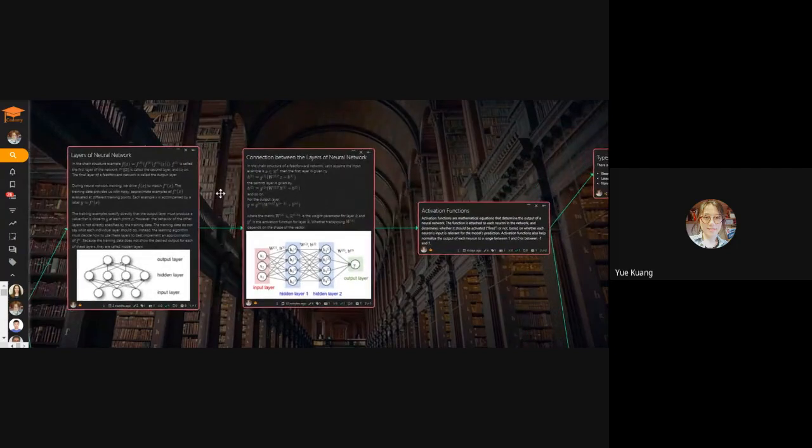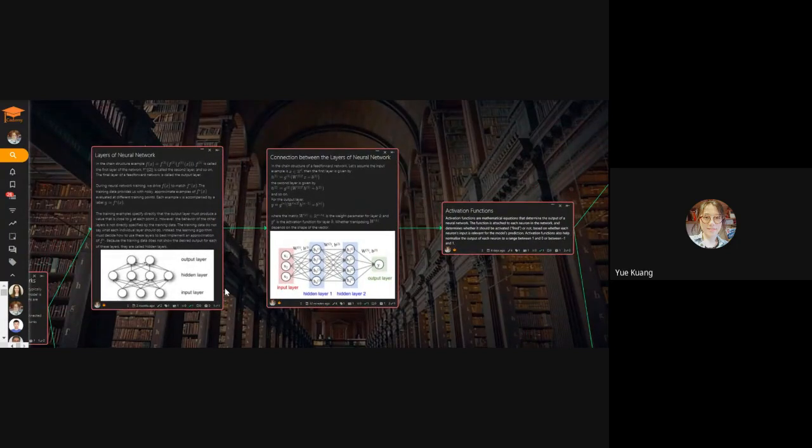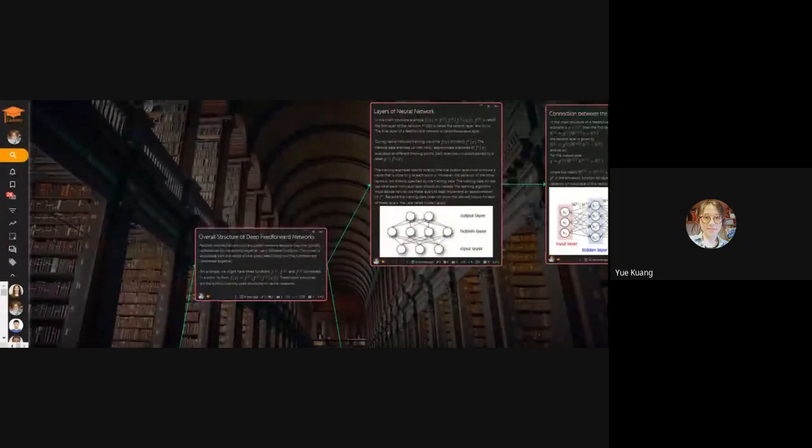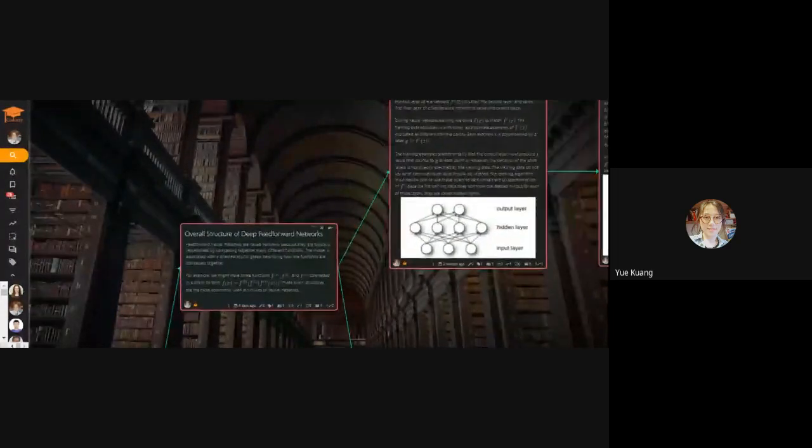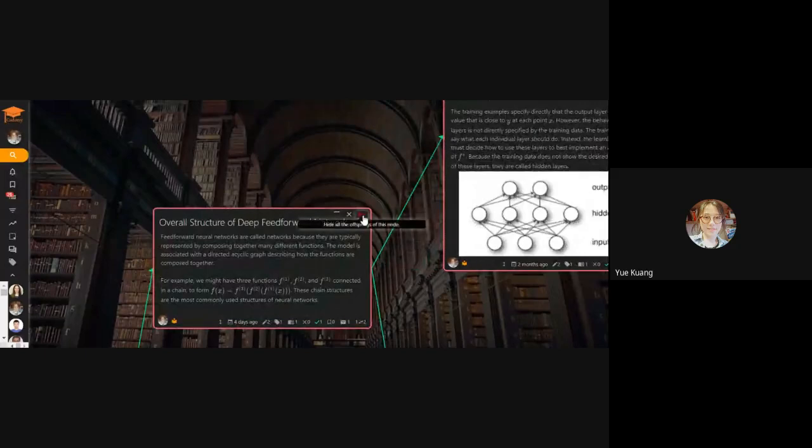And in case the links in the map may cross and it may be a little bit messy, I will hide the nodes I have introduced, and then we will move on to the next part. It may take some time.